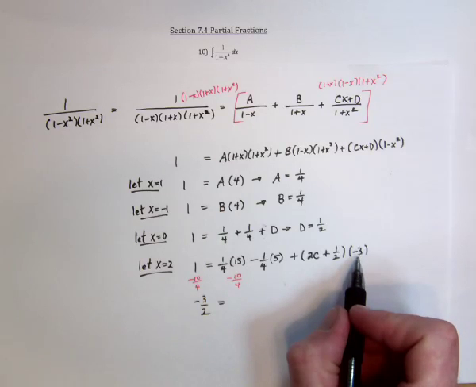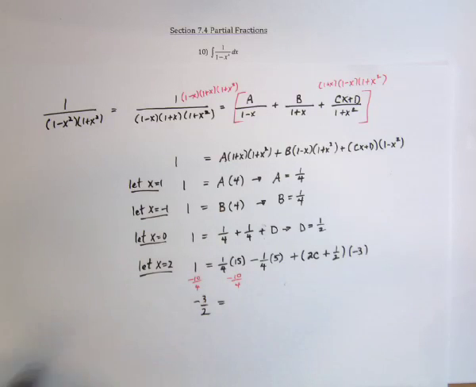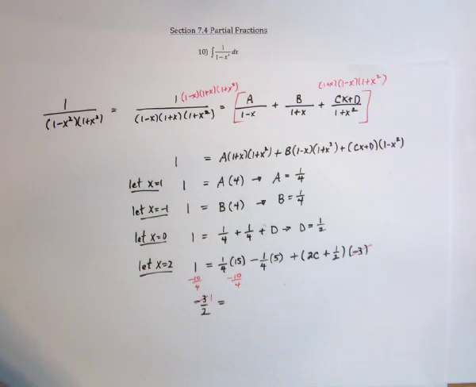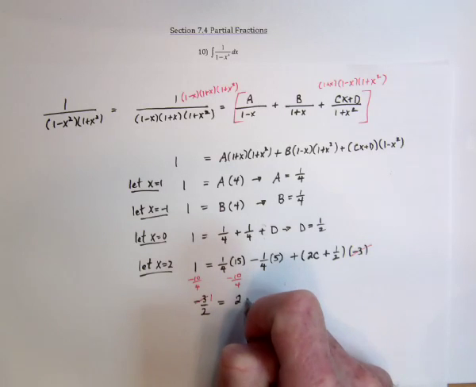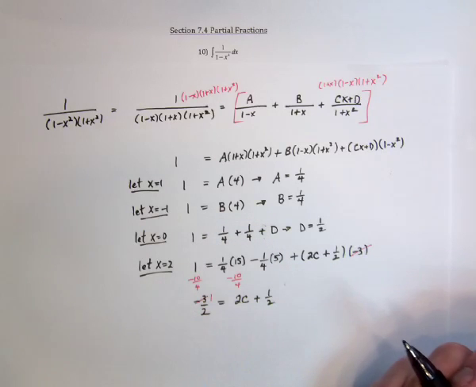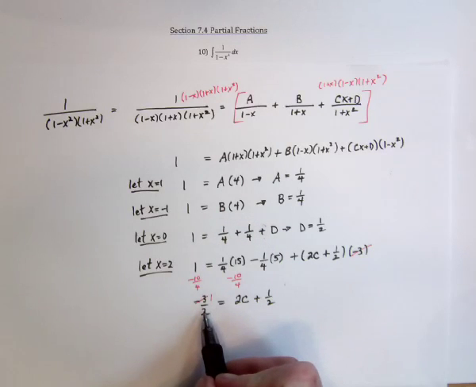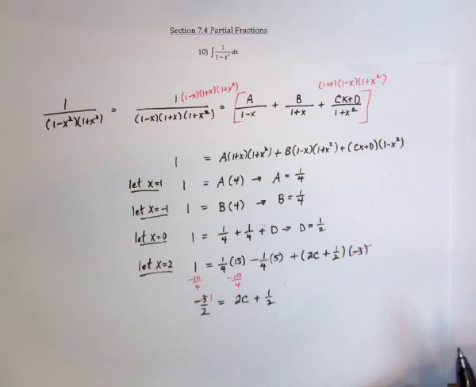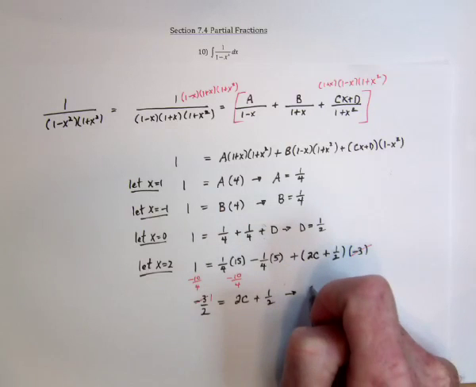No, we might as well just divide both sides by -3, and that would leave a 1 in the numerator on the left-hand side. And then we would just have 2c plus a half. This is now equal to a positive half because we canceled the -3. And this is a half, so if you subtract, that would be 0. That means that c is equal to 0.